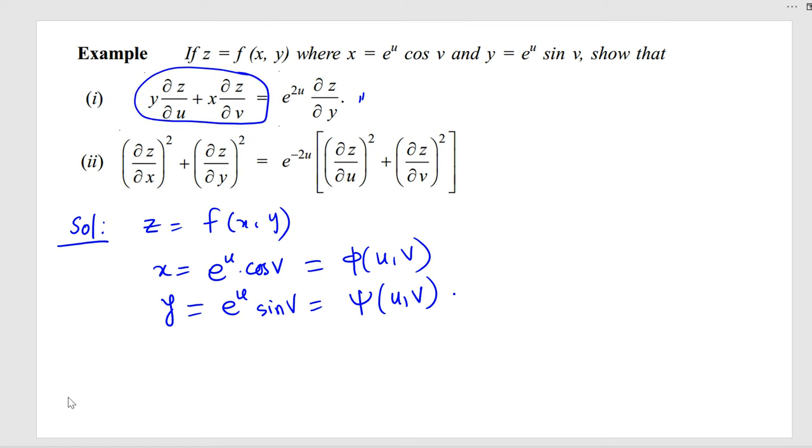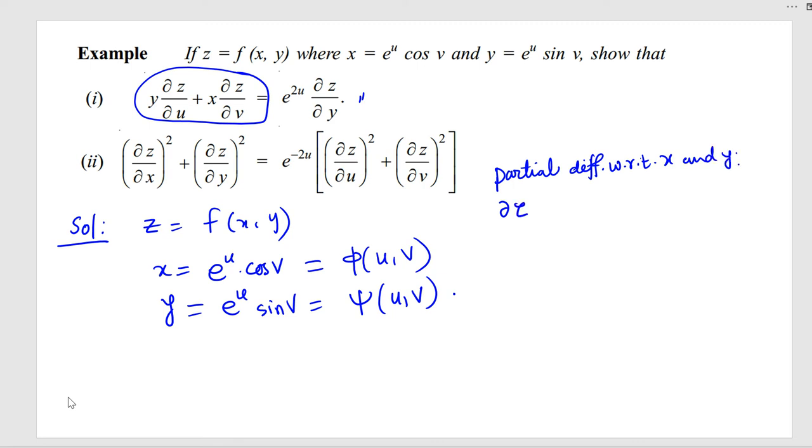So for that, what do we have to calculate? First we need to calculate the partial differentiation with respect to x and y.